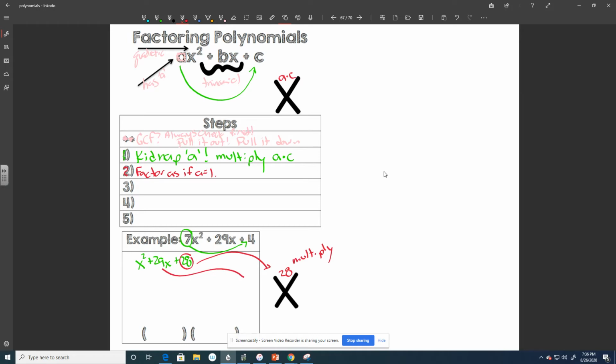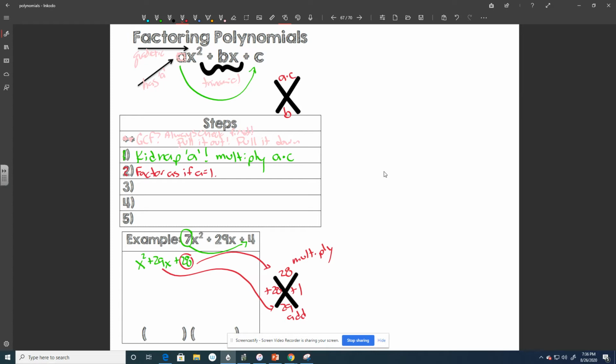And the 29 is going to go on the bottom. We're looking for things that add up to 29 and multiply to be 28. So on the bottom, we still have b, but on the top, we've got that a times c. We started with an easy one. It multiplies to be a positive 28, adds up to a positive, so they're both positive. And they're going to add up to 29, so we've just got 28 and 1.